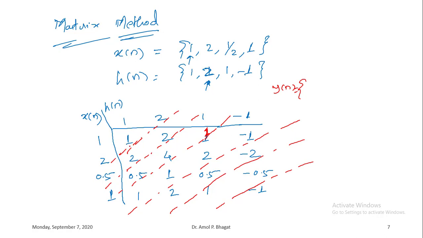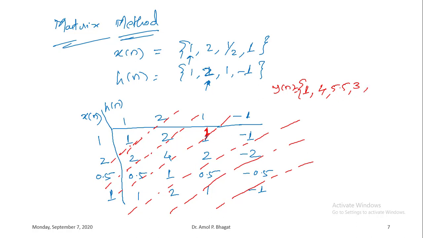Okay, in the first section only one value is there, so you can write it as it is. Here two values are there, that is 2 and 2, so you will sum these values, so 2 plus 2 will be 4. Then you will sum 0.5 plus 4 plus 1, so it will be 5.5, right? Then you add 1 plus 1 plus 2, that is 4, minus 1 will be 3, right?